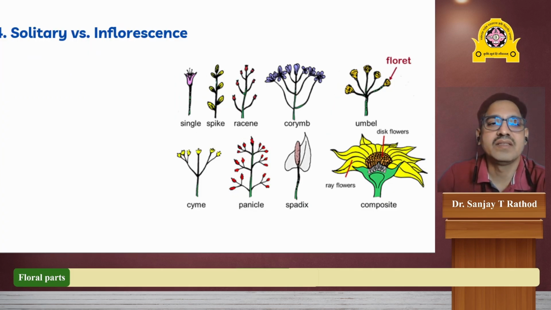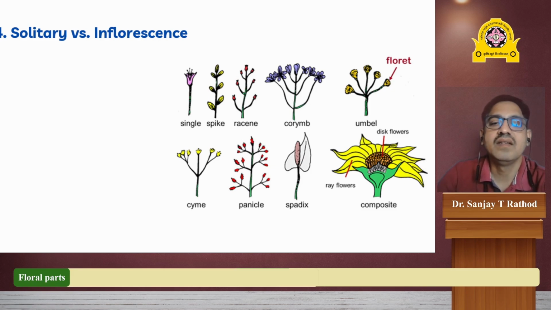Then inflorescence. Either the inflorescence is solitary, and solitary means single at the end of the tip. You can see the inflorescence or the panicle or the flower, containing the seed at the end, fertilization.